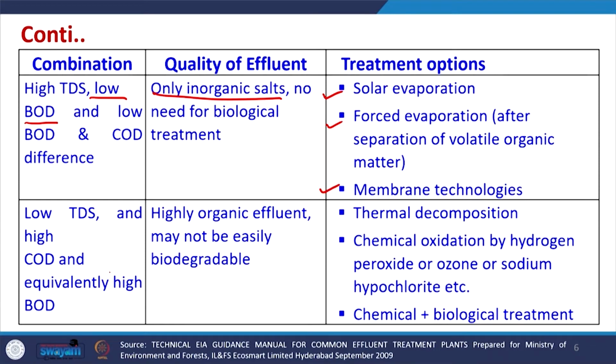Now, if there is low TDS and high COD and equivalently high BOD, it is a highly organic effluent but may not be easily biodegradable. So, thermal decomposition, chemical oxidation by any of the AOP techniques, or a combination of chemical and biological treatment may be adopted.